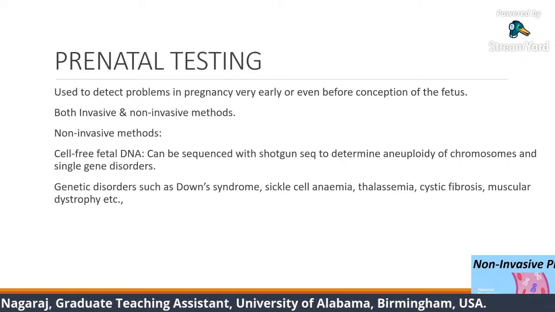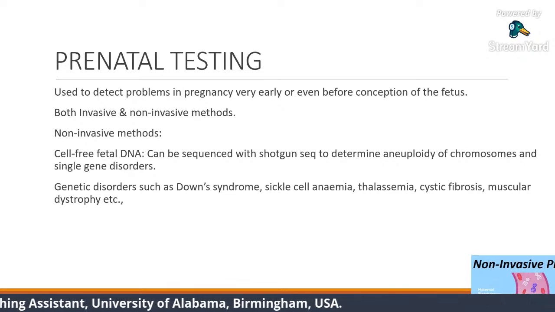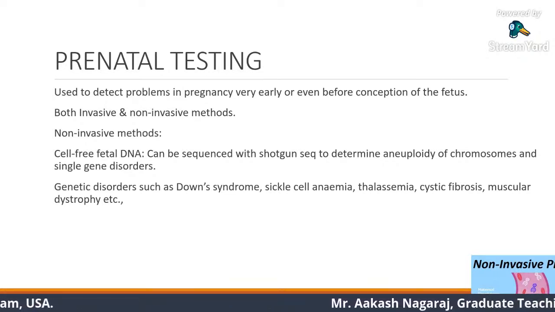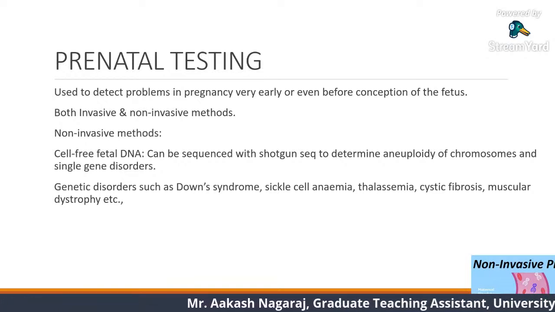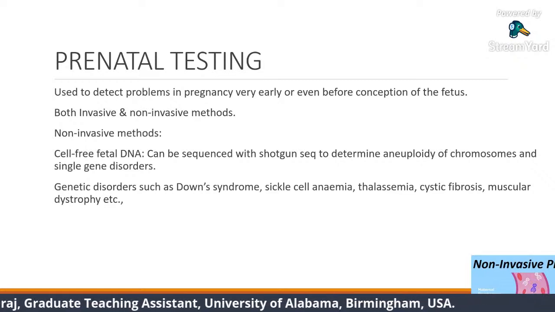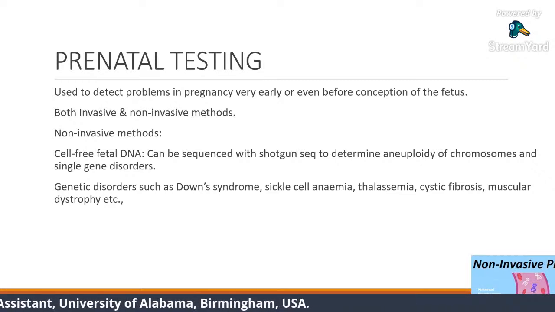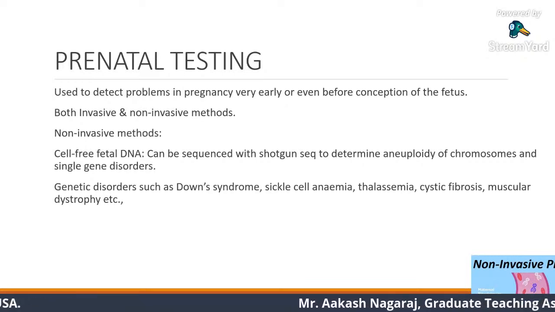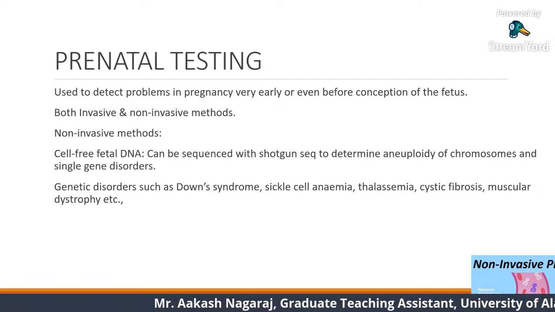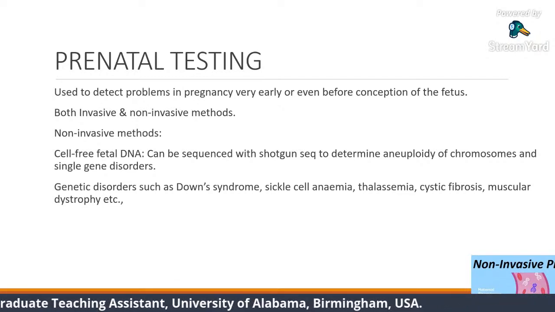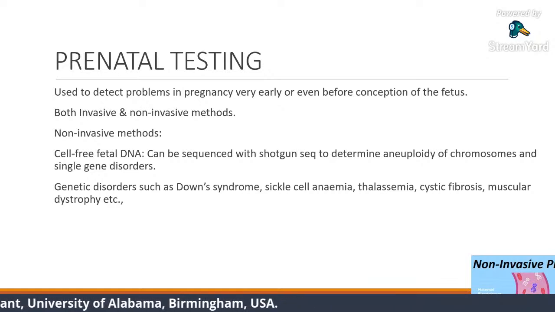This prenatal testing could also be used on the suppose father and mother to see if they will have any problems conceiving a baby, and whether there are certain genetic disorders which a baby can have, such as Down syndrome, sickle cell anemia, thalassemia, cystic fibrosis, and muscular dystrophy.